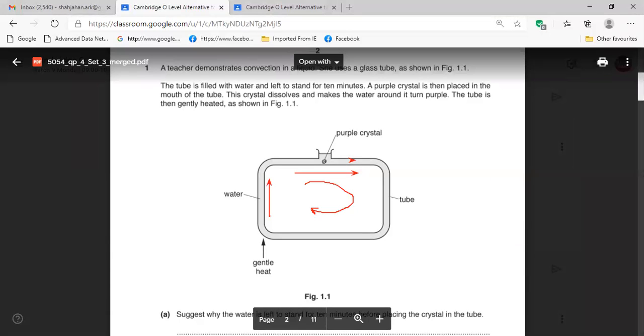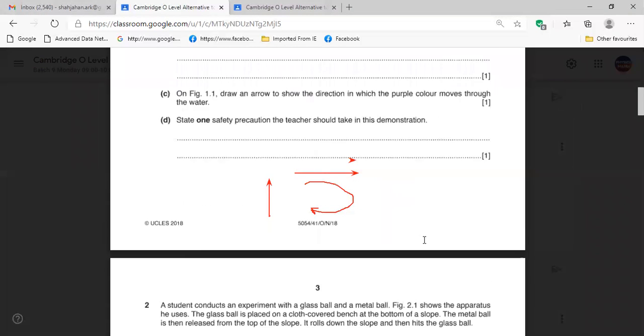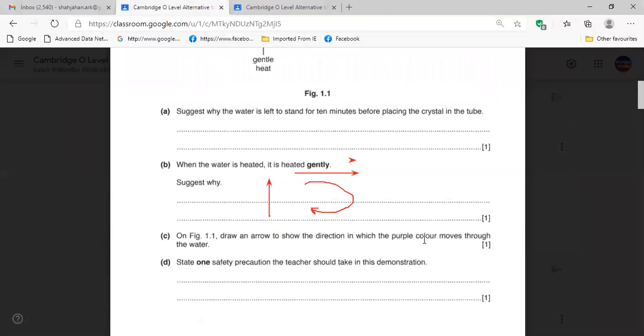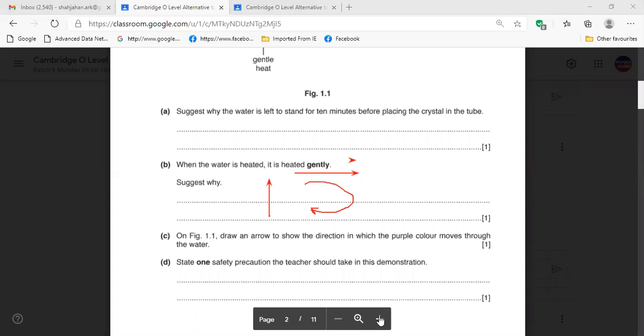And then our last part, what is given in the last part? Let's see. State one safety precaution the teacher should take in this demonstration. So this one, who can answer? Gloves and safety goggles.